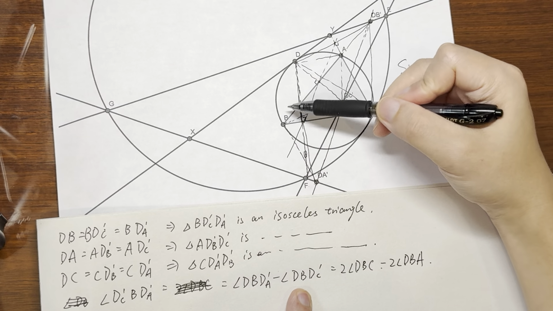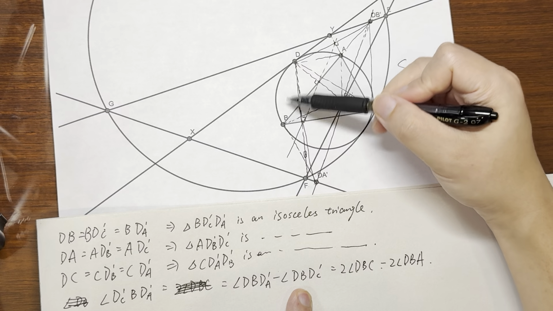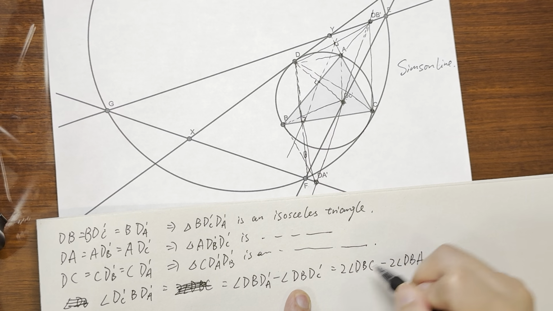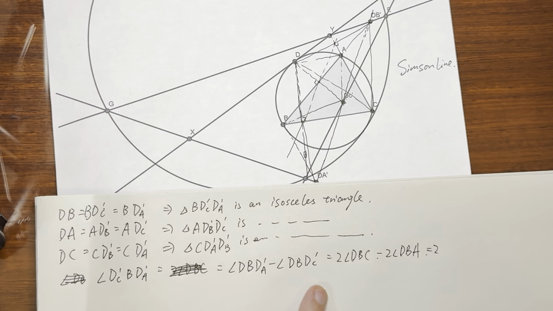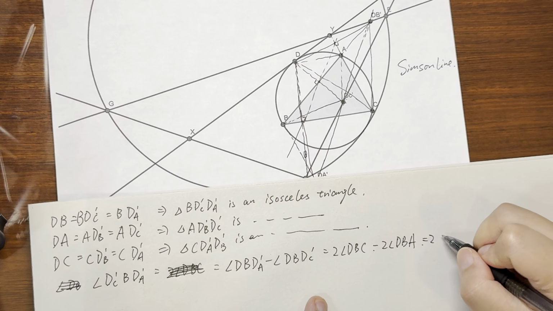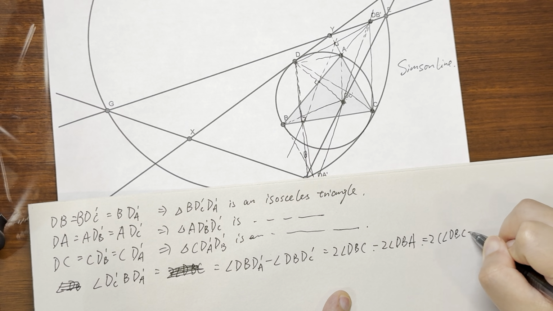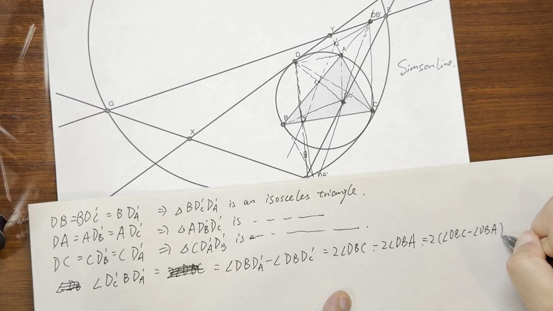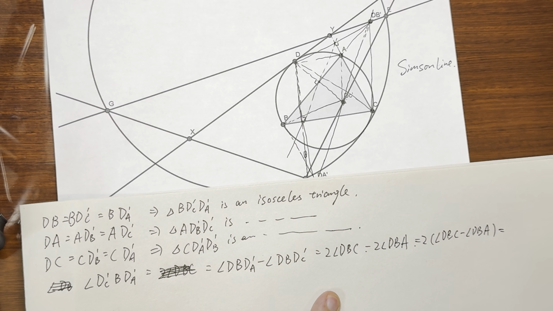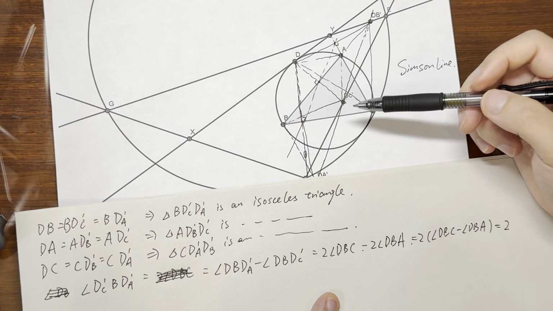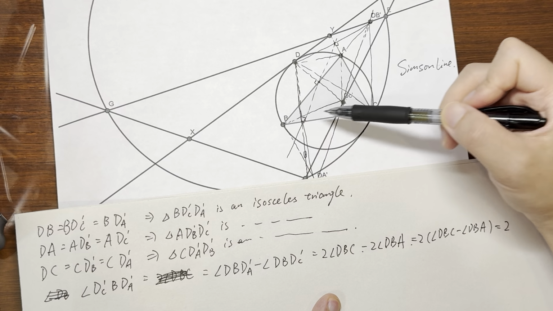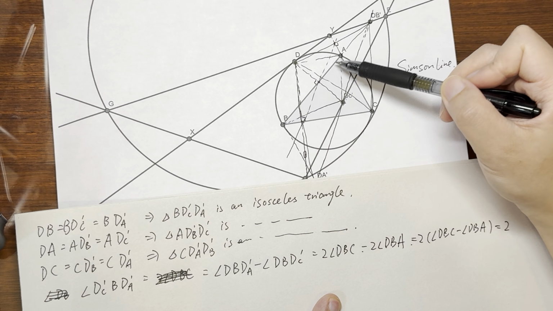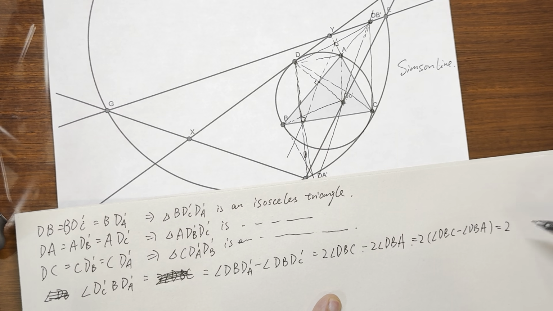Because angle DB DC prime is twice of angle DBA. So it equals twice of angle DBC minus angle DBA, which is angle ABC. So it equals twice of angle ABC.